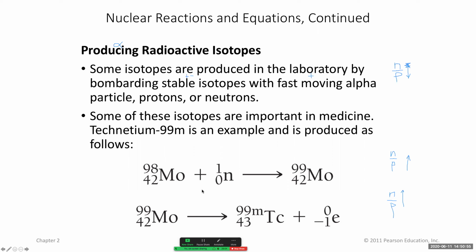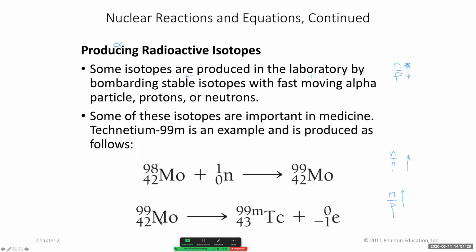In this case, we've bombarded molybdenum 98 with a neutron. Now it didn't change into a different element yet, but it turned into molybdenum 99. So if we didn't know what this element was, you could just add up the Z numbers and the A numbers to get the formula for the product here.